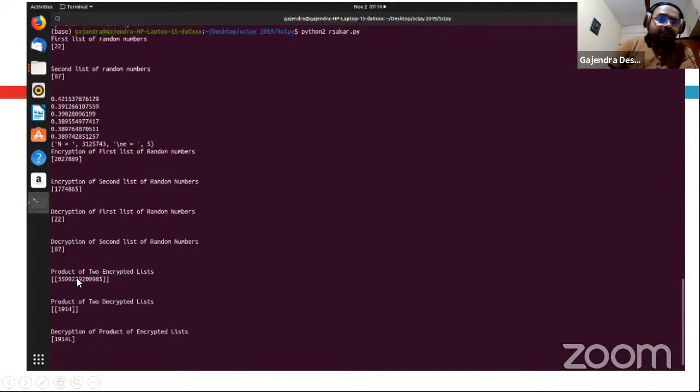That is nothing but we have multiplied the encrypted values of 22 and 87. When we decrypt this value, we are getting the value 1914. So it is the same as the operation on plain text: when you multiply 22 and 87, you will get 1914.